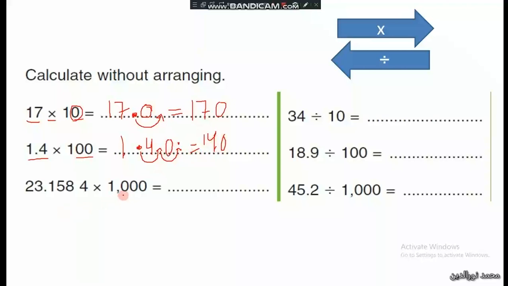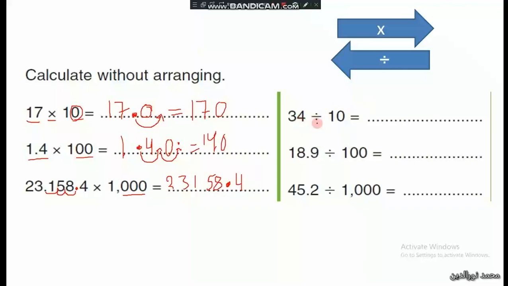For this example, we are multiplying by 1000, 3 zeros, so we move the decimal point 3 steps to the right, 1, 2, 3, and it becomes here between 8 and 4, so it's 23158, and then we put the decimal point, 4.